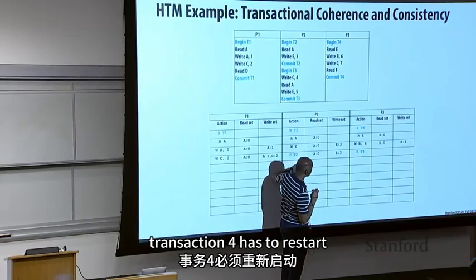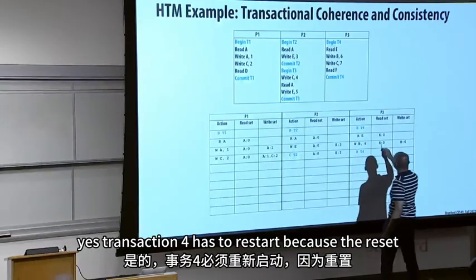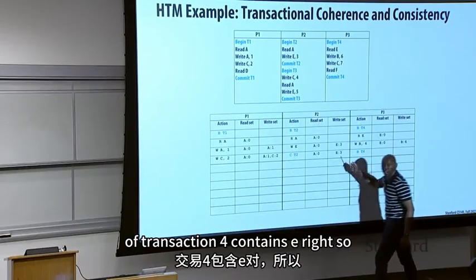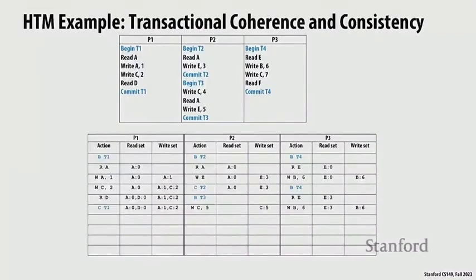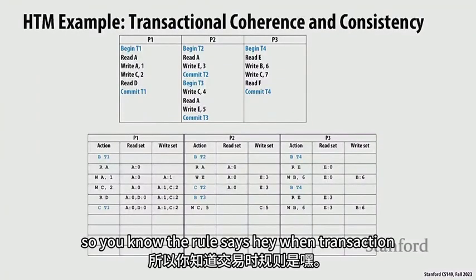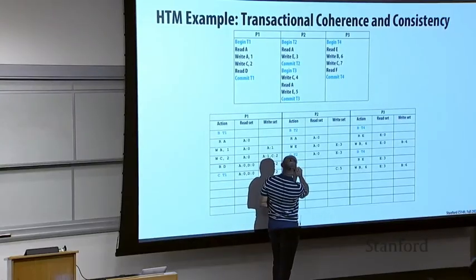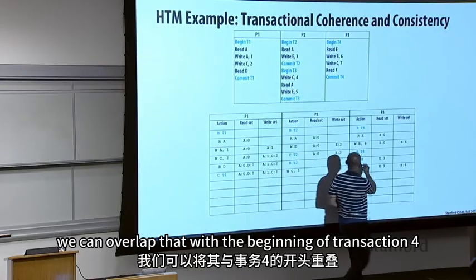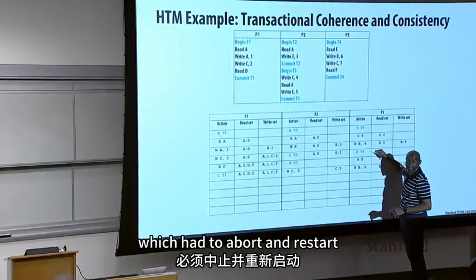Transaction 4 has to restart, yes, because the read set of transaction 4 contains E. So the rule says that when transaction 2 commits, we can overlap that with the beginning of transaction 4, which had to abort and restart.